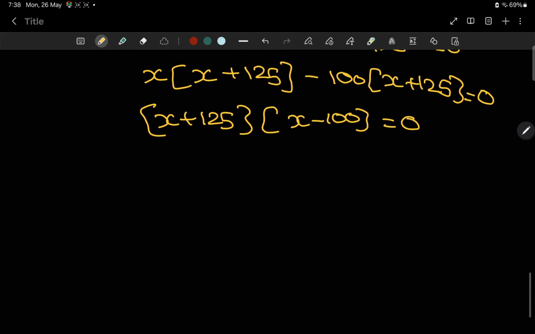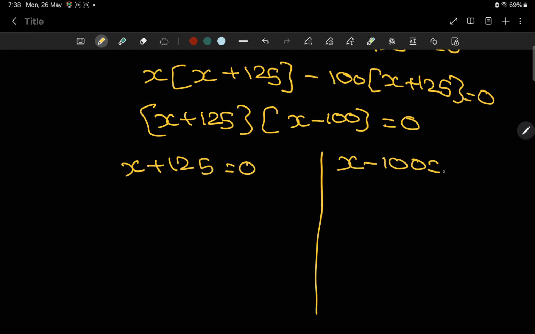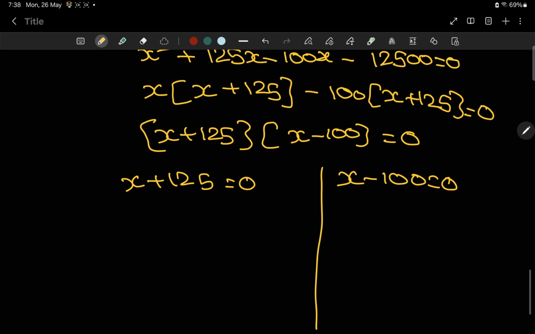So x plus 125 equal to 0 and x minus 100 equal to 0. x is equal to minus 125 because there's a positive sign here. If it goes to this side, it will become a negative sign.